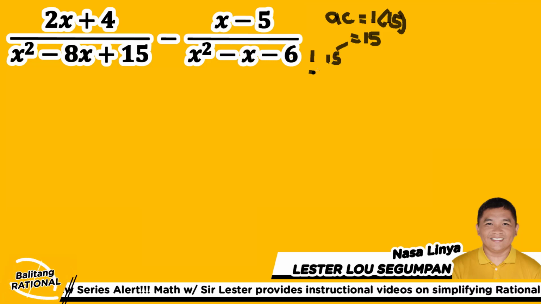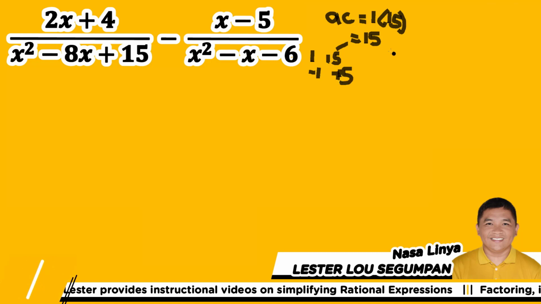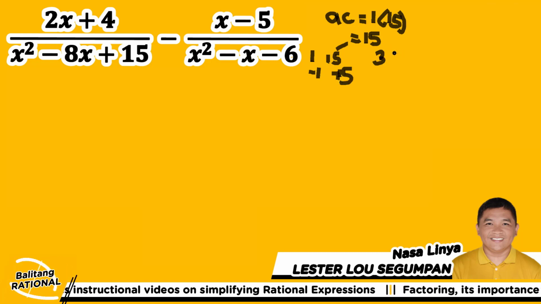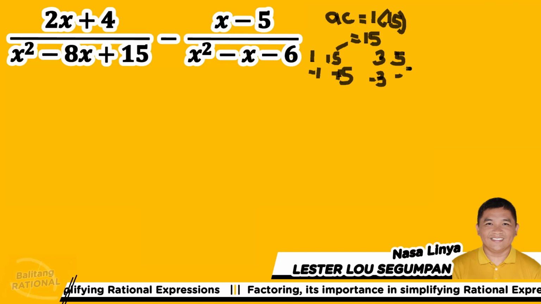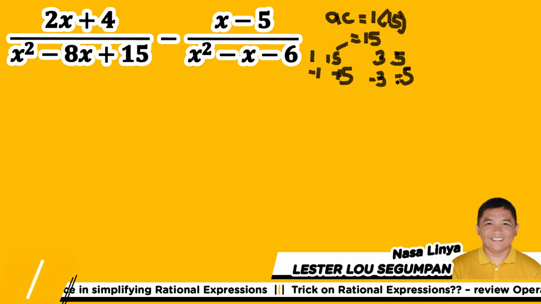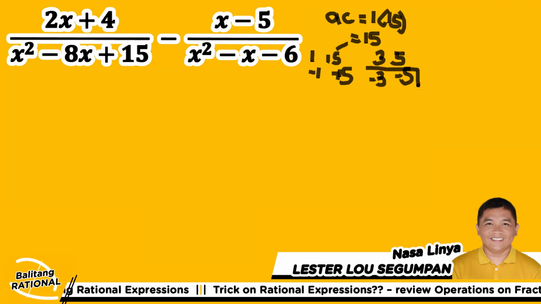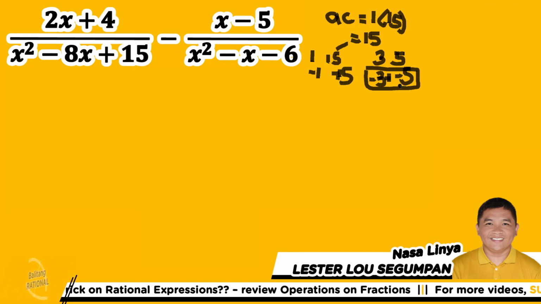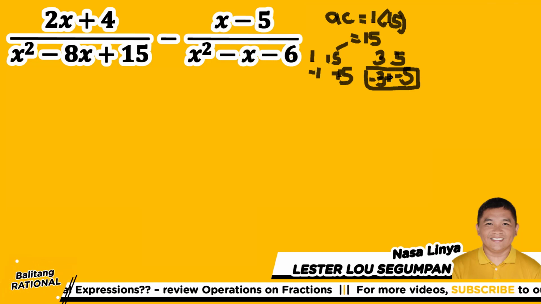We can also try negative 1 and negative 15. This also includes 3 and 5 and negative 3 and negative 5. Now, which of these four pairs of factors when added will result to our middle coefficient, which is negative 8? We have here this pair here. Negative 3 plus negative 5 is negative 8. And when we multiply them, makukuha natin yung AC.